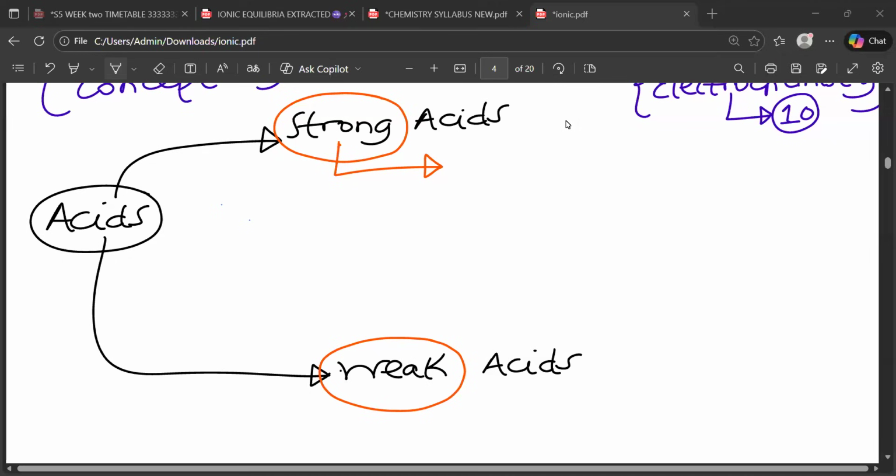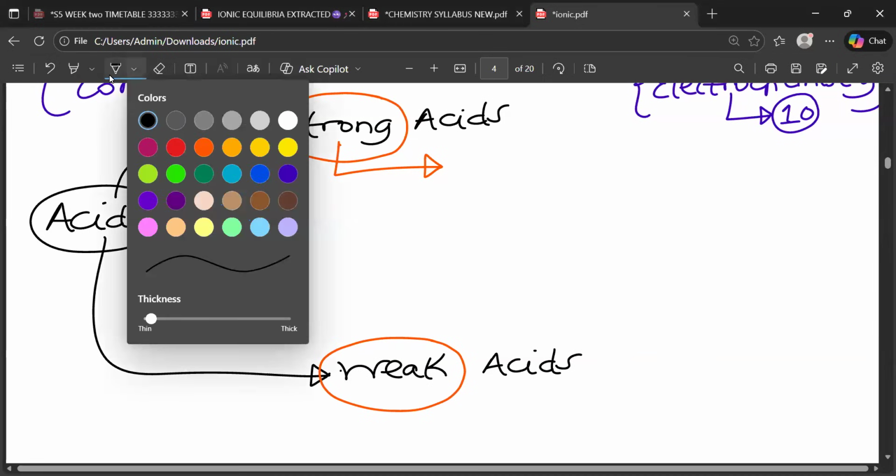Is that where the definition stops? Okay. When there is a strong acid, it means that it is an acid, and whatever acids do, the strong acid does it strongly.